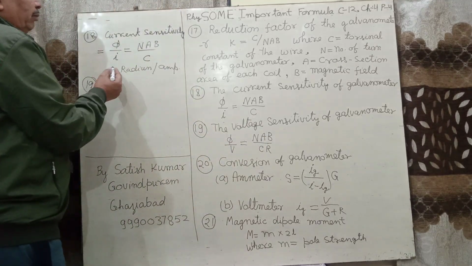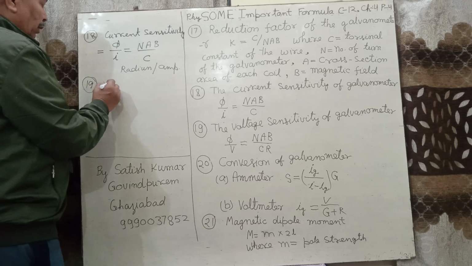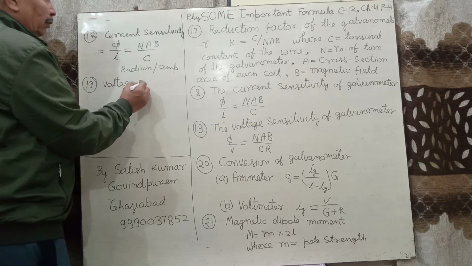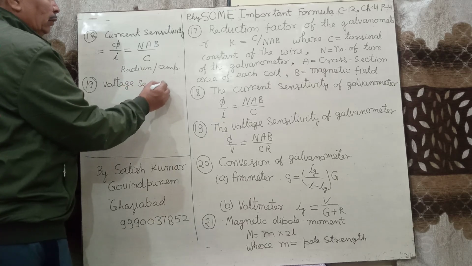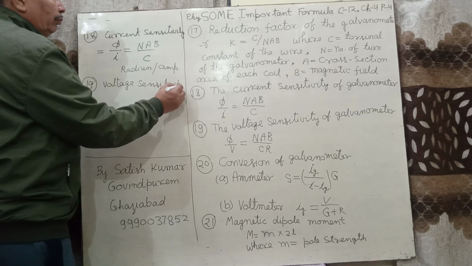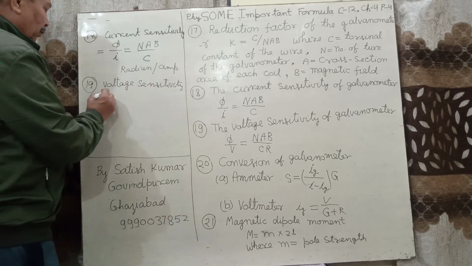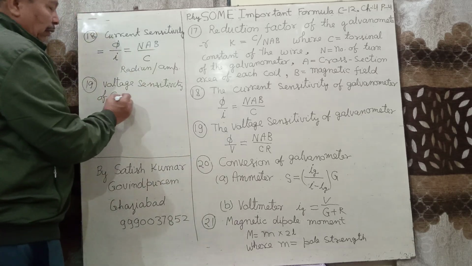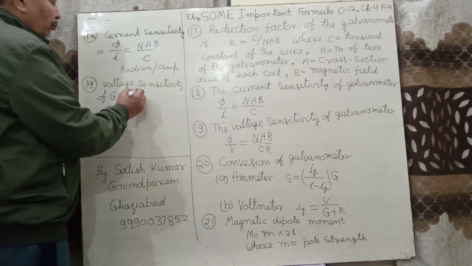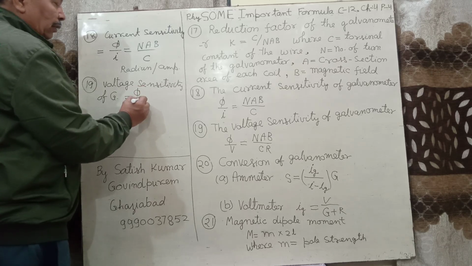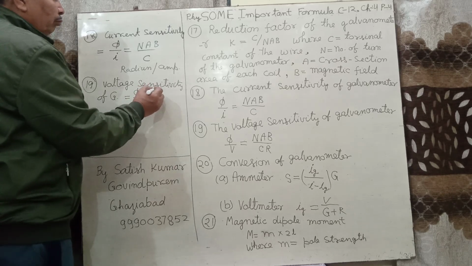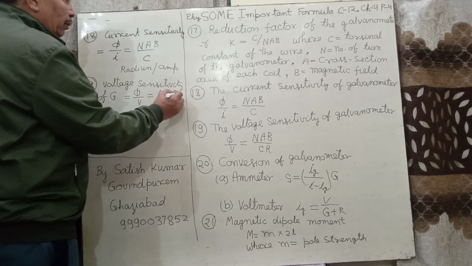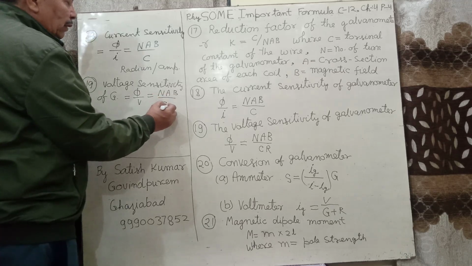Voltage sensitivity of the galvanometer equals phi upon V equals NAB upon CR.